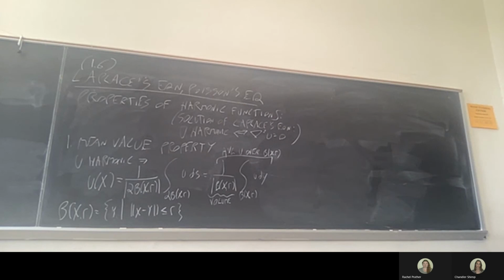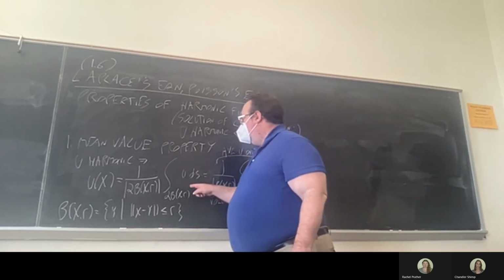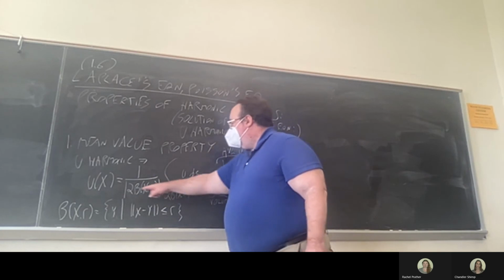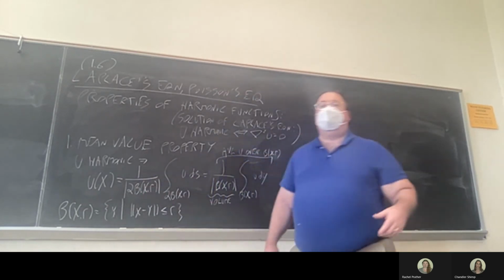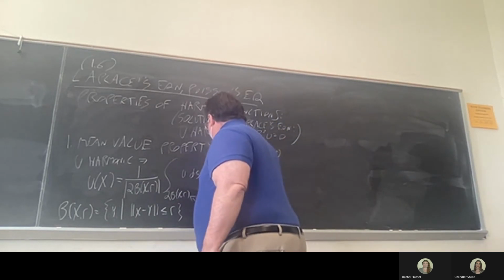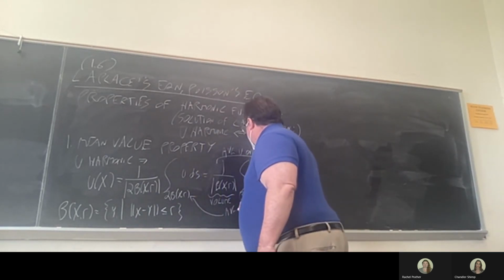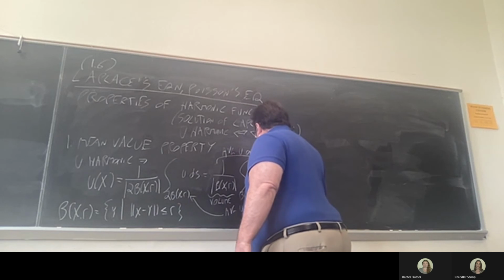Now, if you look at the first integral, it looks very much the same as the integral of u, but recall this symbol, when applied to a set, is a boundary. So this integral is the average of u over the boundary of the ball.